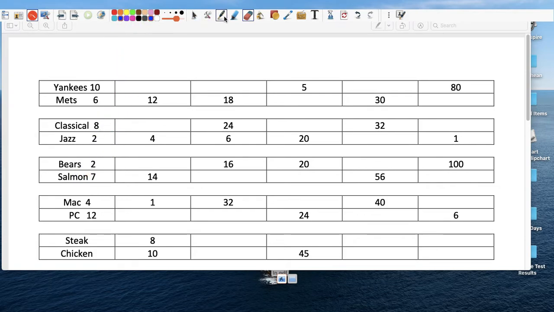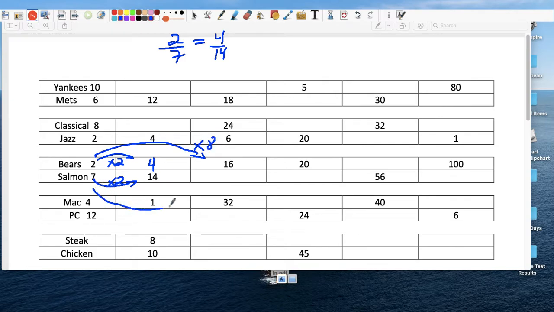So let's look at the first one. How did a 7 become a 14? Times 2. So I'm going to multiply a 2 by the same factor, and that's going to give me 4. So 2 over 7 is the same thing as 4 over 14. The next one is 16. How did the 2 become a 16? Times 8.